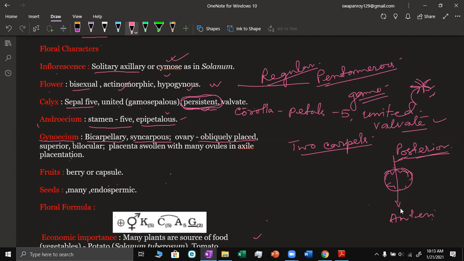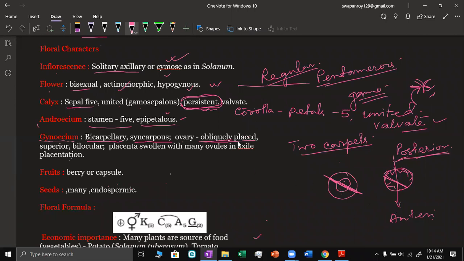So, the anterior-posterior line. Say this is an ovary; the ovary is placed in this line. This is bicarpellary, two carpels are there, and these two carpels are united, and the line dividing the two carpels is not along this anterior-posterior line, but slightly away from it.